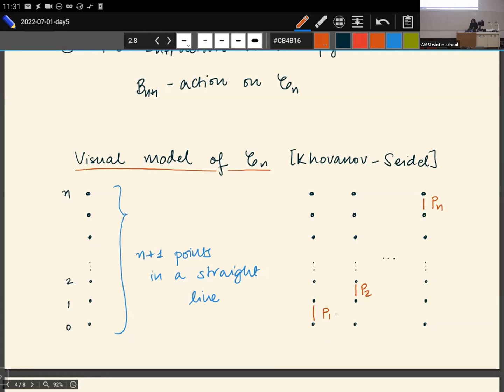So P1 is going to be the arc joining 0 to 1. P2 will be the arc joining 1 to 2, etc. Pn is the arc joining n minus 1 to n. So there is a correspondence which says the generating objects of my category can be drawn as arcs in this chosen configuration.